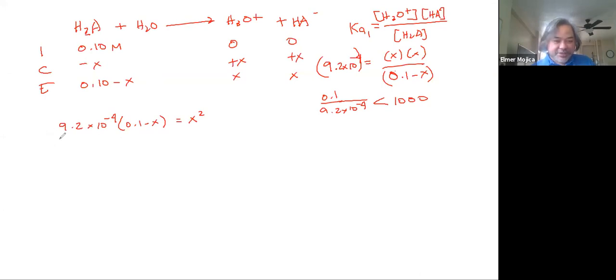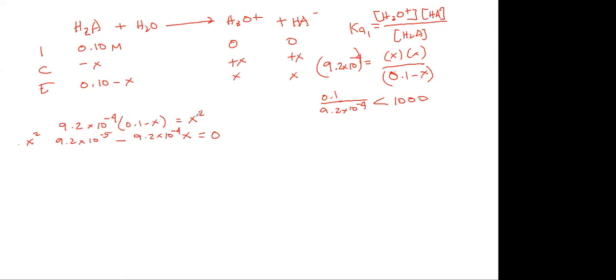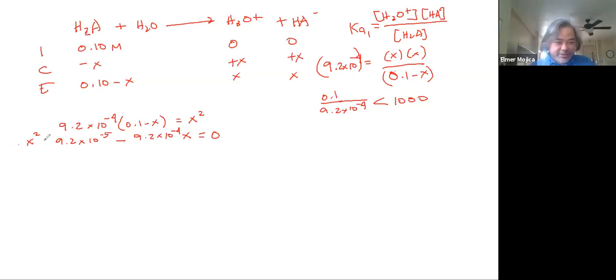Then you distribute, giving 9.2 times 10 to the negative 5 minus 9.2 times 10 to the negative 4 X. If you want this to equal 0, I move everything to one side and multiply by a negative, so the X squared is positive, with this one a plus and this one a minus.